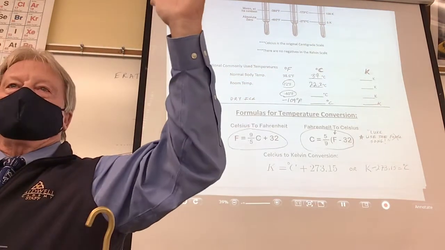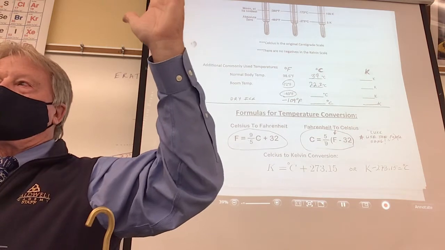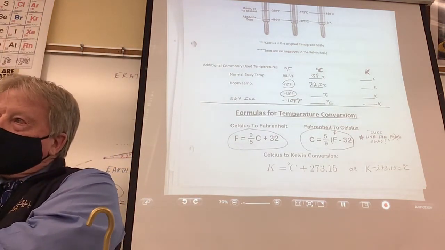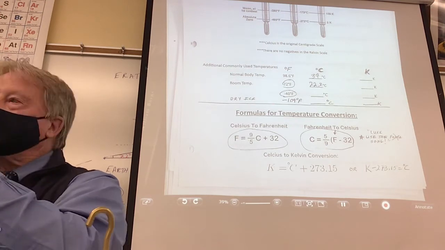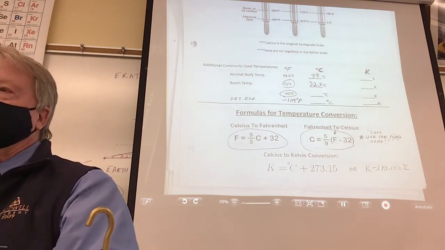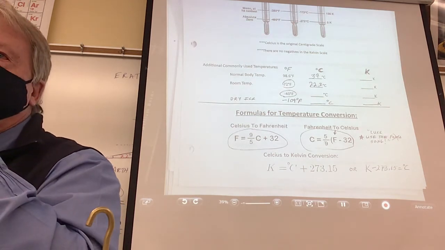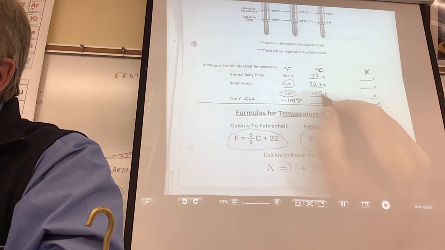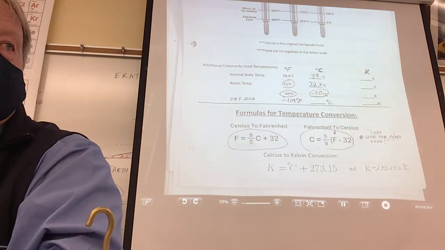So the 2 scales number-wise are far away, then they get closer, and then they get far away again. There must be a place where they read the exact same number. And that was actually on Jeopardy once. What temperature on the Fahrenheit scale reads the same on Celsius? It was minus 40. So if you thought you did something in the calculator wrong, that's the only temperature that happens.